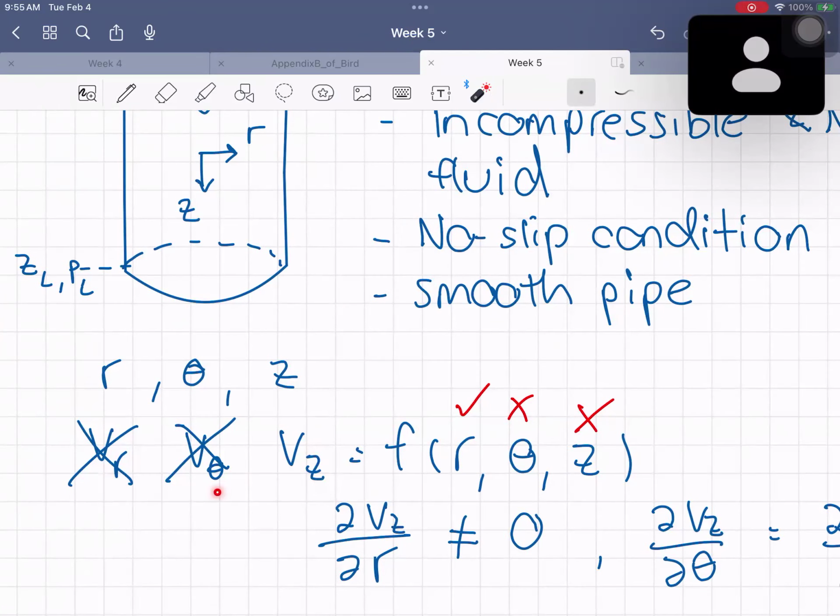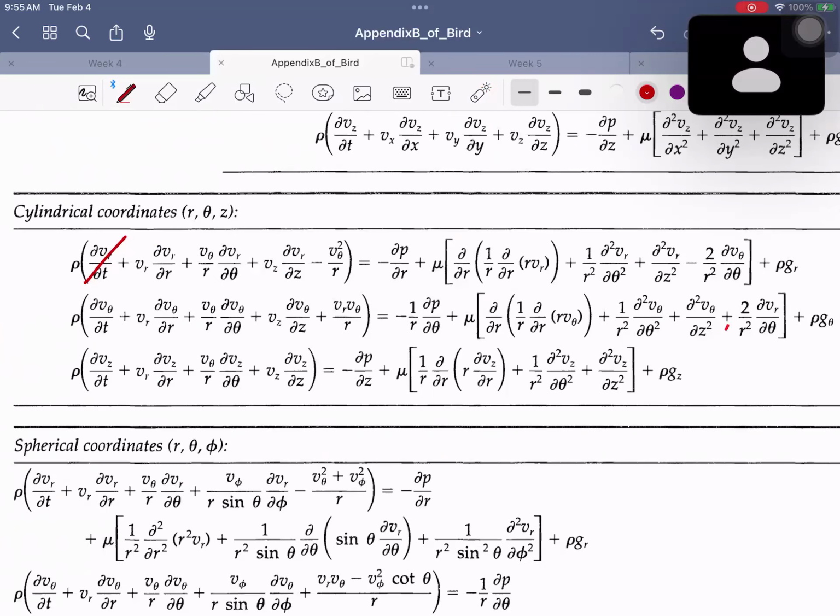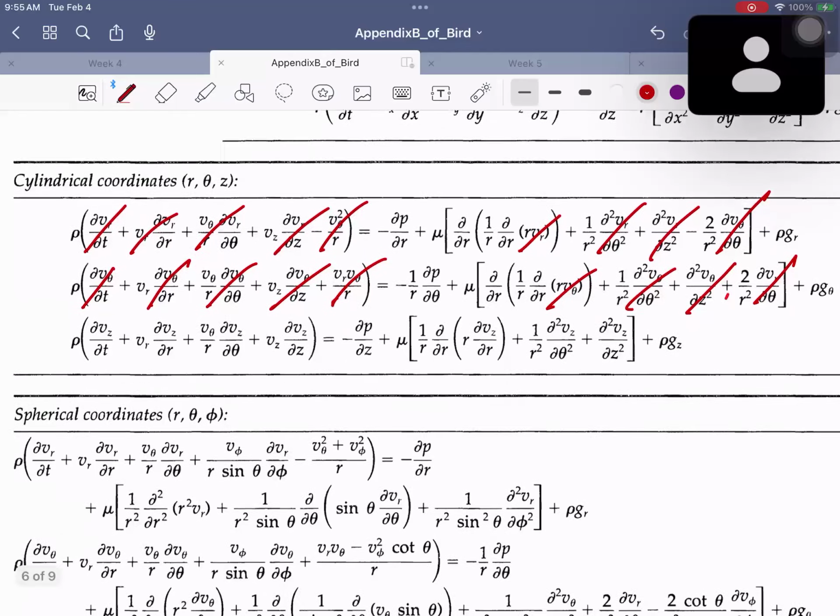So Vr and Vθ are zero, and any terms that have Vr will all be zero. So you can go very quickly, but be careful.